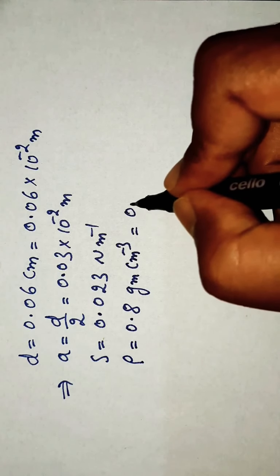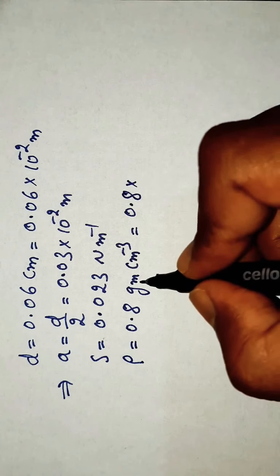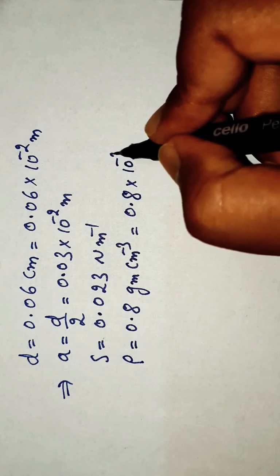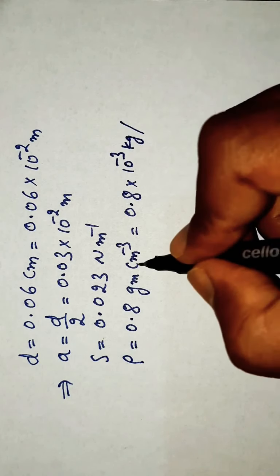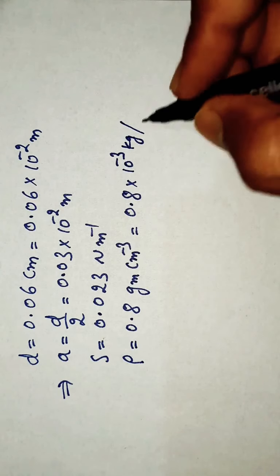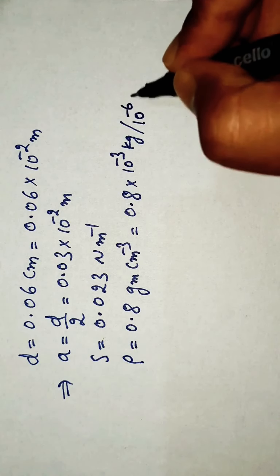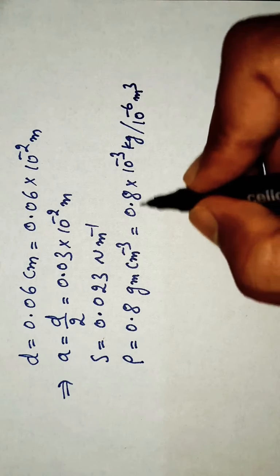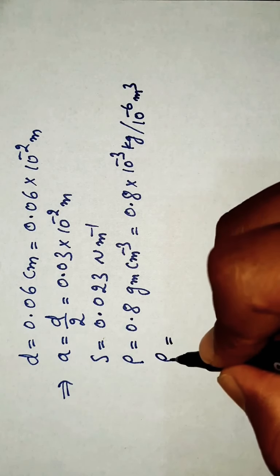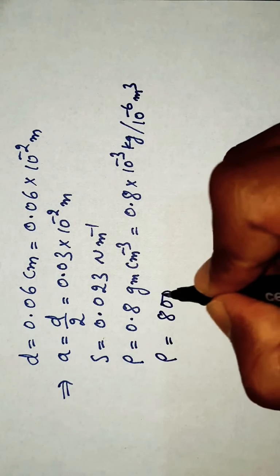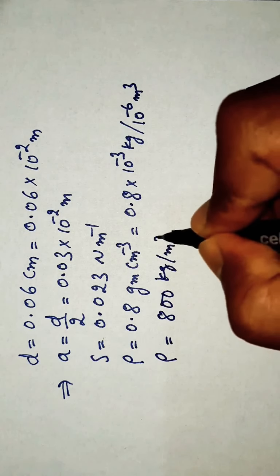So that is 0.8 into, here 1 gram is equal 10 to the power minus 3 kg and 1 centimeter cube is equal 10 to the power of minus 6 meter cube. So from this we can get density rho is equal 800 kg per meter cube.